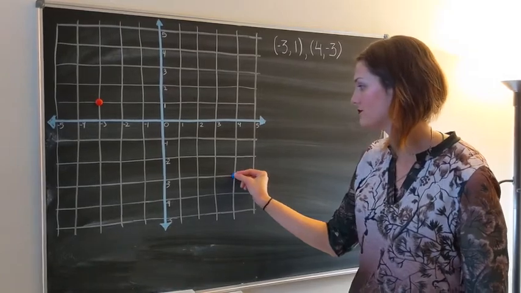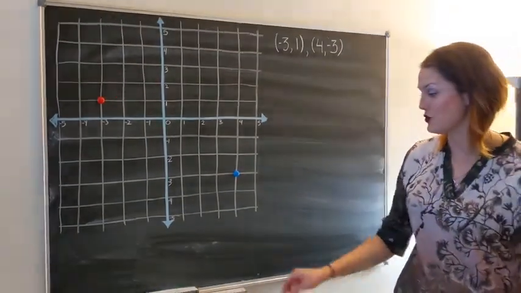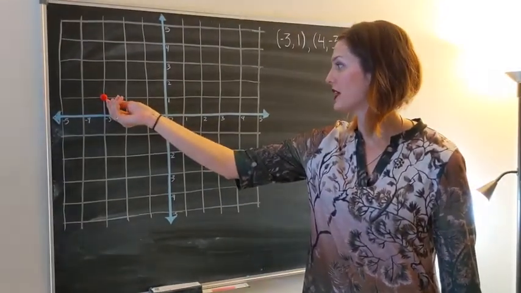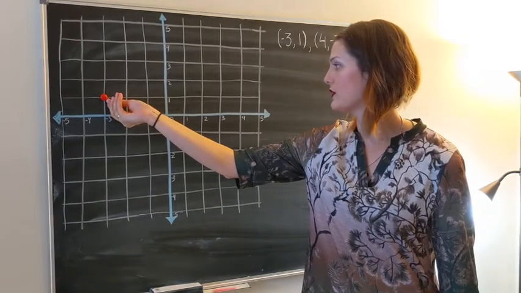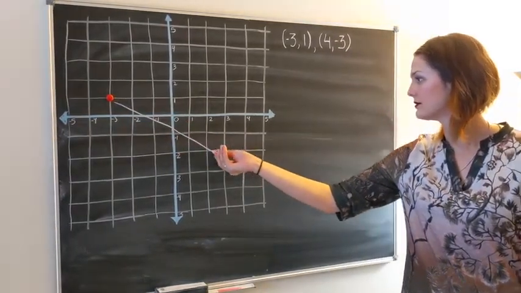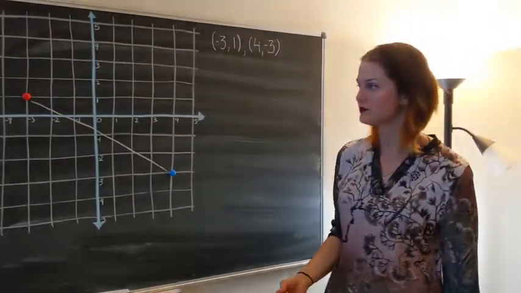Now our first question is how to find the distance between these 2 points. In other words, if we were to connect these 2 points with a straight line, how could we find the length of that line?